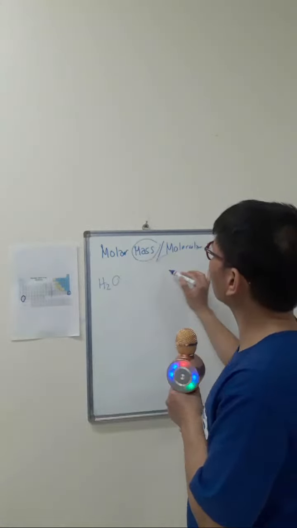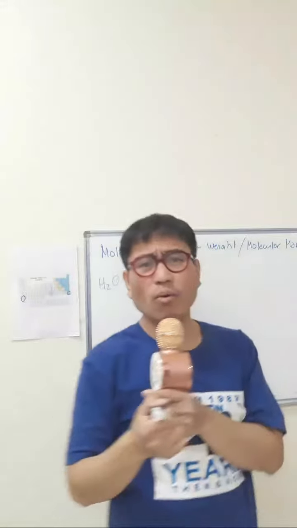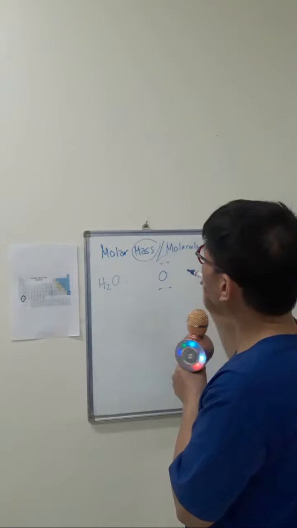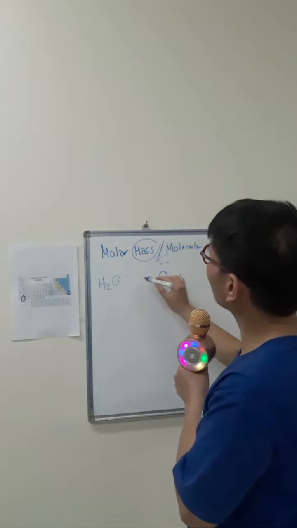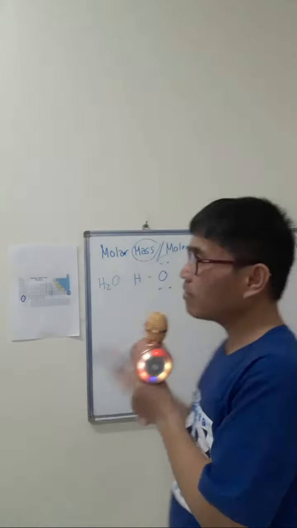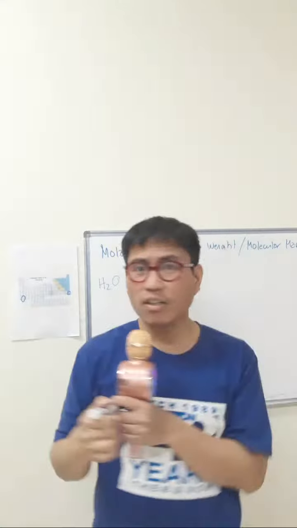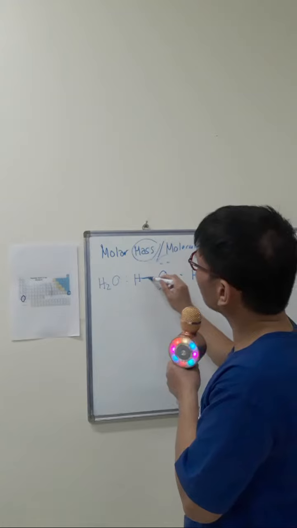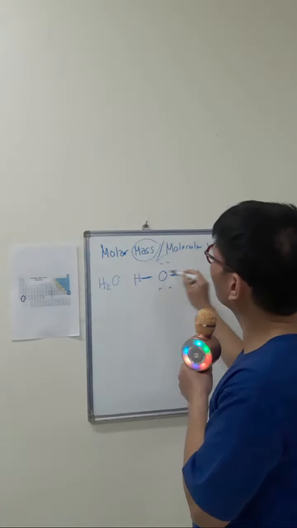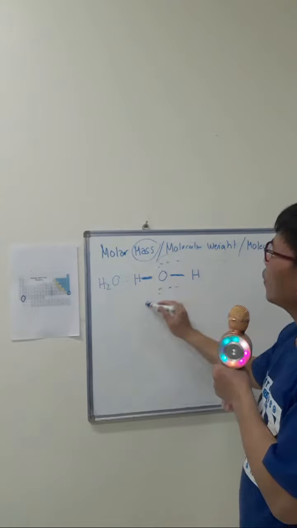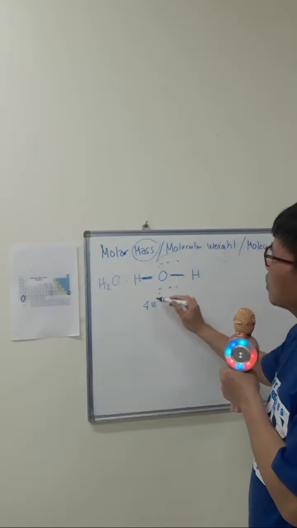Oxygen has 6 electrons in the outermost shell, 6 valence electrons. And there's also hydrogen here. Hydrogen belongs to group 1A, so 1 electron, just to share. Sharing the electron of the hydrogen, oxygen here, like this. So, how many unpaired electrons? 1, 2, 3, 4. There are 4 unpaired electrons.